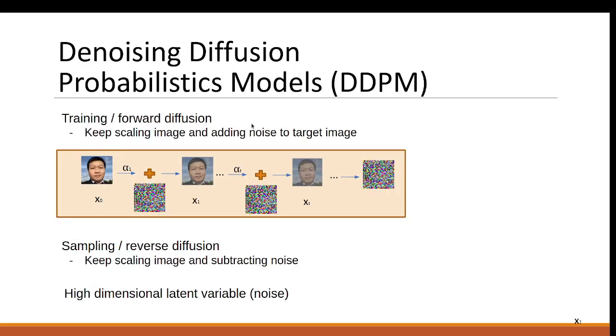This controls how much noise we add in every step and how many steps. Typically we use 1000 steps. So the noise at different steps is different, at different levels. In the very beginning we only add a little bit of noise, and gradually as we move on we add more noise.